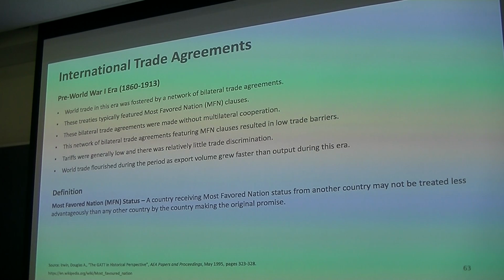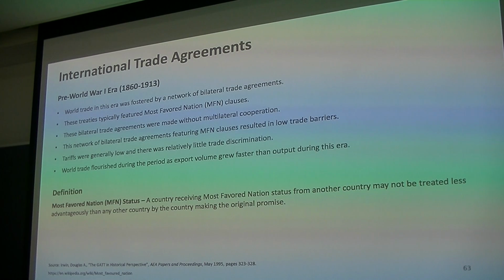So countries were seeing this growth. They were producing goods, but they wanted to trade them, and so world trade was fostered by a network of bilateral trade agreements. The word bilateral means two.